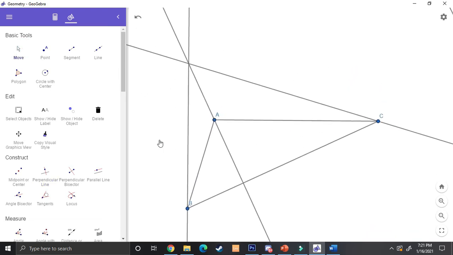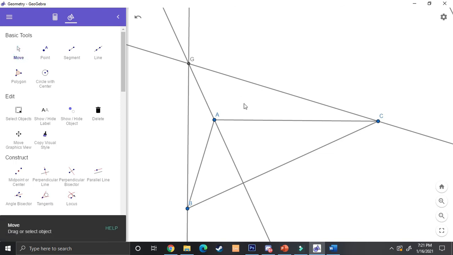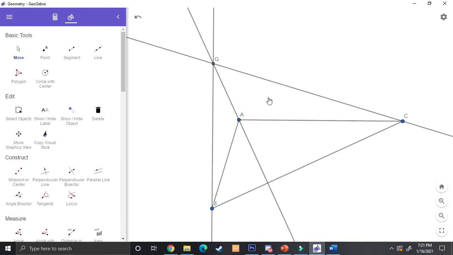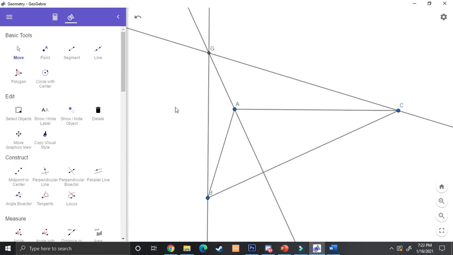Also, it is possible that the orthocenter may be inside, on, or outside the triangle. Now, let's call this point G. There isn't really a special property to an orthocenter. It's just that it's the intersection of all the altitudes of the triangle.